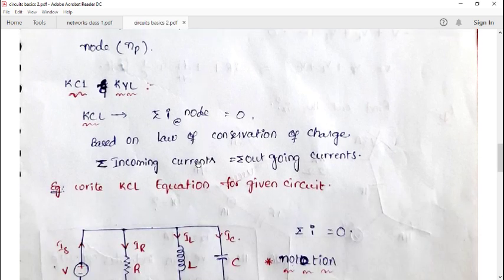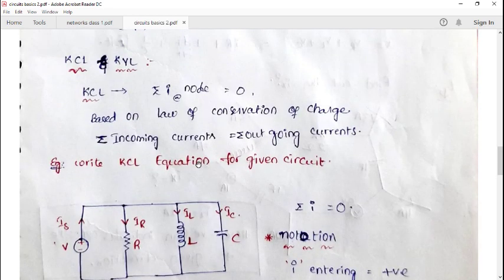Let us go to Kirchhoff current law and Kirchhoff voltage law. First, I'll define Kirchhoff current law. If you want, you may note down that. Kirchhoff current law can be defined as the algebraic sum of currents at a node is 0. This is based on the law of conservation of charge.